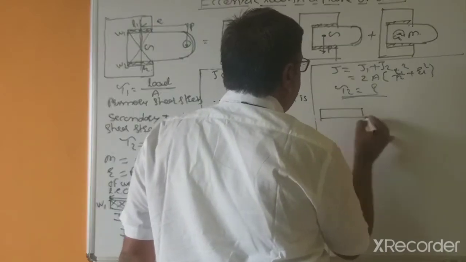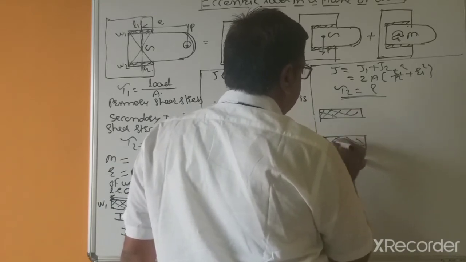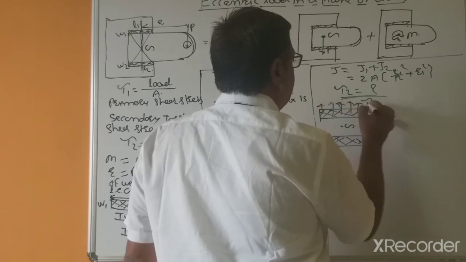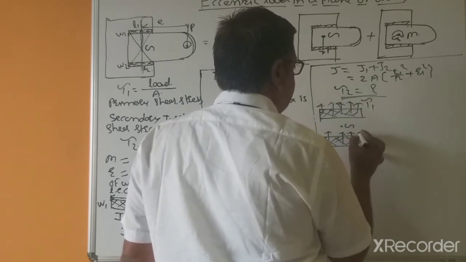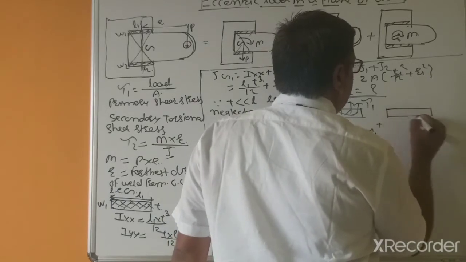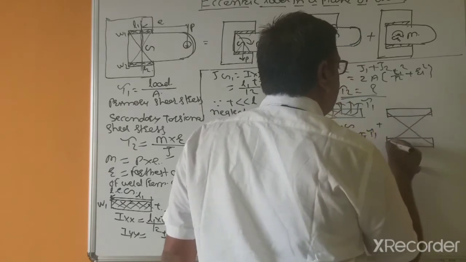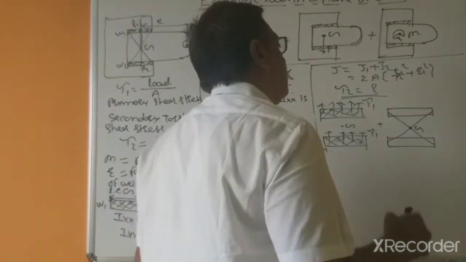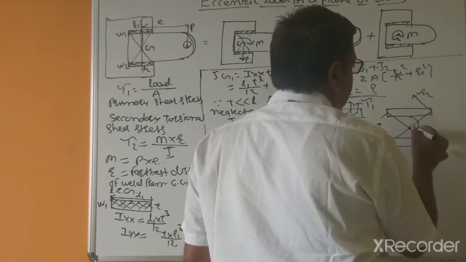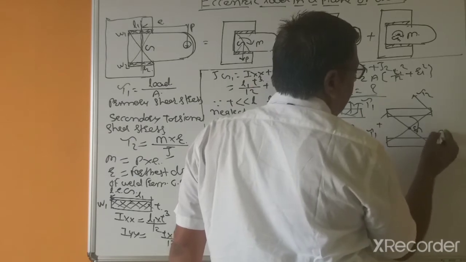Now if you draw free body diagrams for the first weld and second weld, this is the center of gravity, this is the primary shear stress acting, this is tau 1, plus this is the center of gravity and the secondary shear stress, which is perpendicular and opposite, so this can be taken as tau 2.